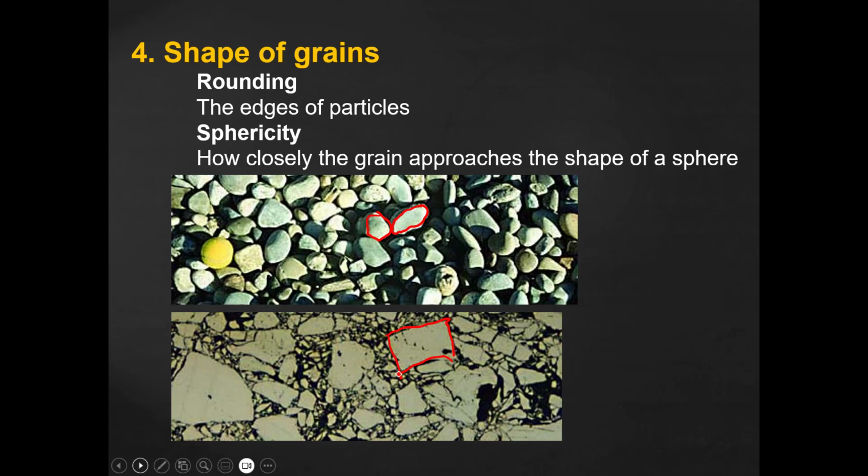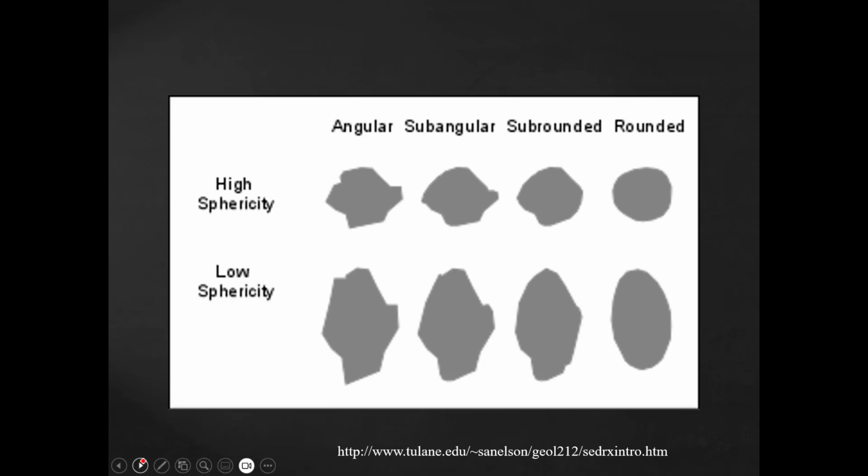We're also talking here about the sphericity, so the roundness of the grain, and how closely the grain is approaching the shape of a sphere. But of course, it also depends on what kind of rock the grain is made of. If we have high sphericity rocks, such as marble or granite, then from angular, when it becomes rounded, it will become more like a sphere.